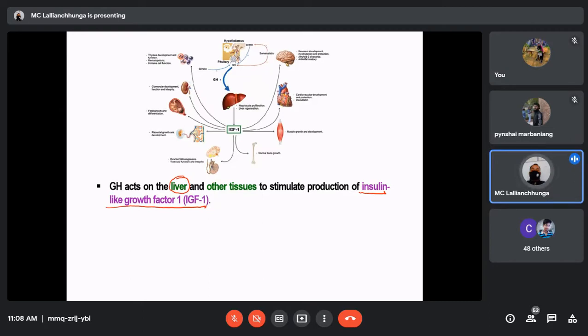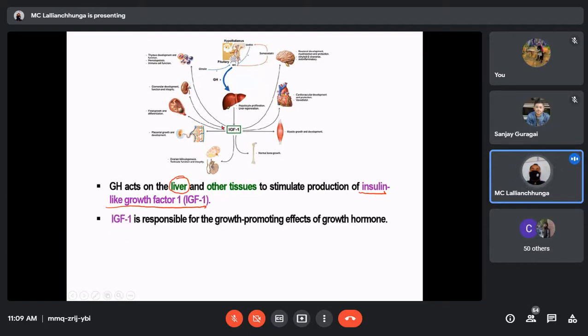In this diagram you can see the somatotropes releasing growth hormone, and this growth hormone acts on the liver. What it will do is cause synthesis of IGF-1 or its release. And what is the function of this IGF-1?